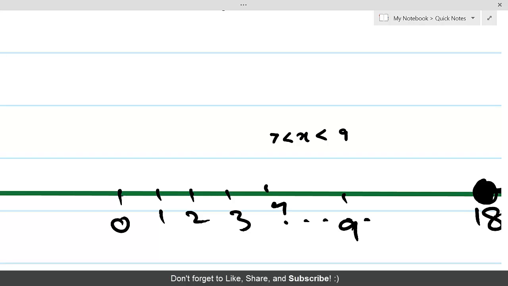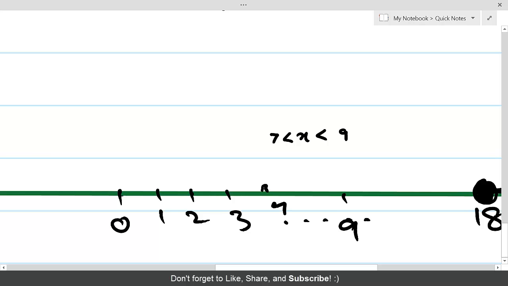It's going to be empty because the equal sign is not part of this inequality. If this inequality contained equal, we would draw the solid circle, but not in this case.